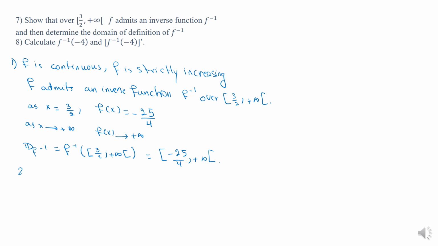Now calculate f minus 1 of negative 4. This is part 8. From previous parts, f of 0 is equal to negative 4. This means that f minus 1 of negative 4 is equal to 0.